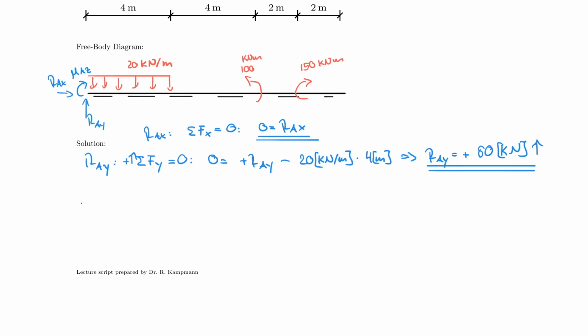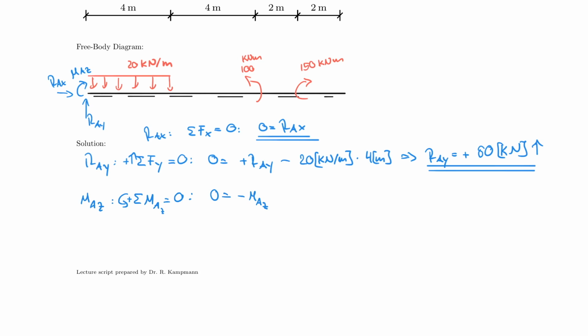Now for the moment about A, we would take the sum of the moment about A and set that equal to 0, counterclockwise positive. And I assumed that to be clockwise, so therefore 0 is equal to minus MAZ. And let's start with the 20 kilonewton per meter.